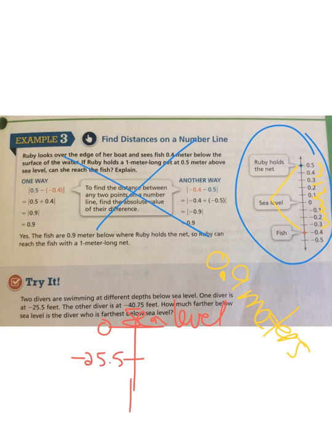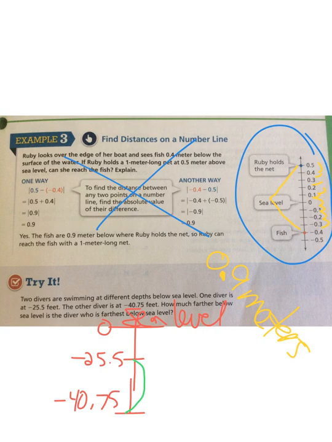The other diver is even further below at negative 40.75. How much farther below is the farthest diver? So we want to find out what is the difference in these two values.